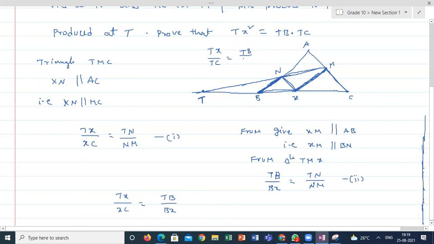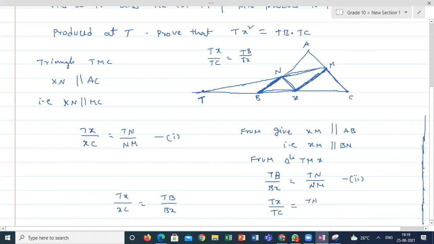Then it will be easy for us. So is there any proof I can take? The corollary of the basic proportionality theorem. From this we can take Tx by Tc is equal to Tn by Tm.